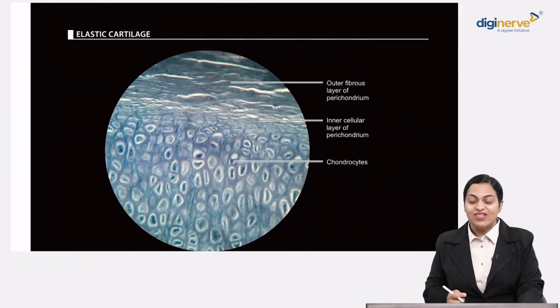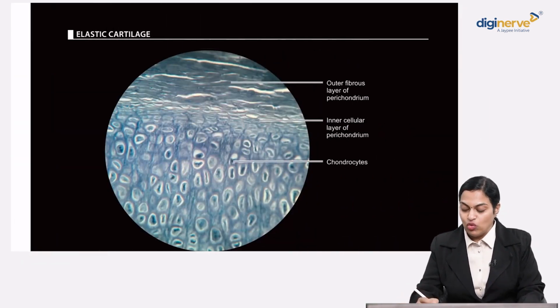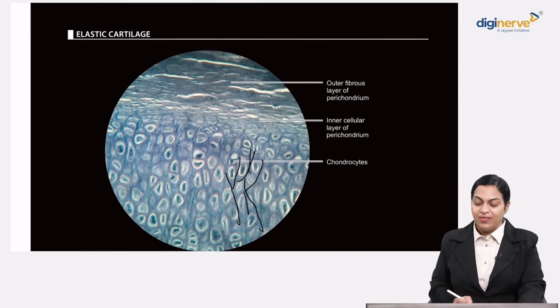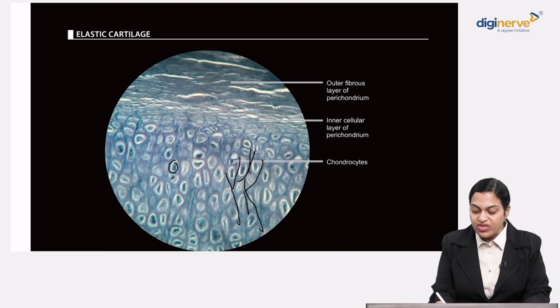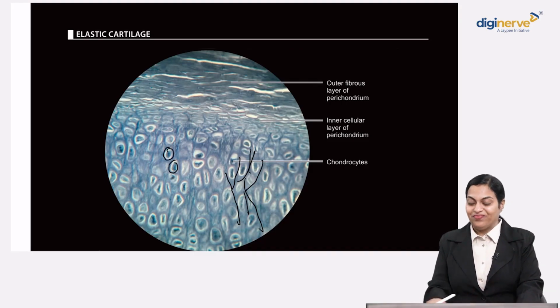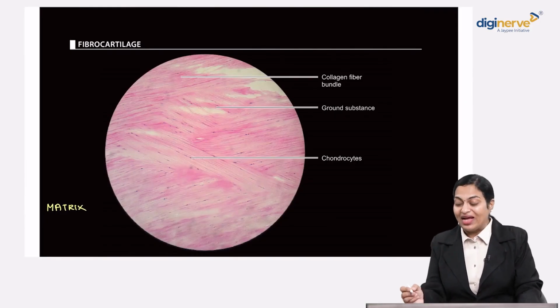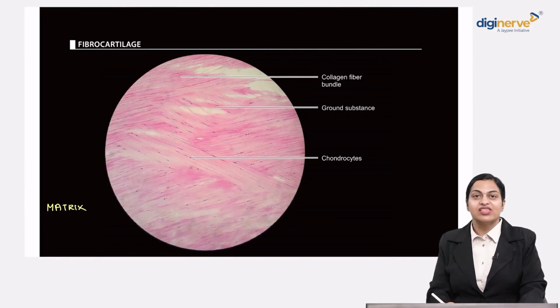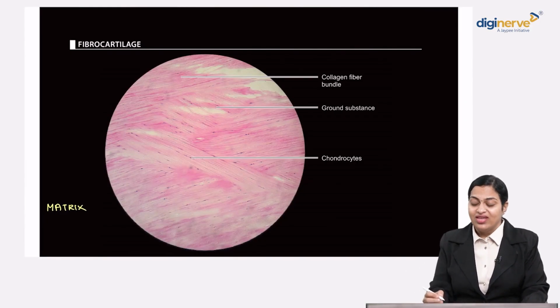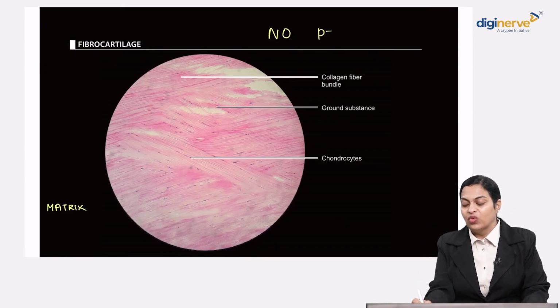Here is a special stain to show the presence of elastic fibers in the matrix of the elastic cartilage. Fine, and you can see these are the chondrocytes in lacunae. Coming to fibrocartilage, the very characteristic that you should appreciate is the absence of perichondrium. So, it doesn't have a perichondrium.